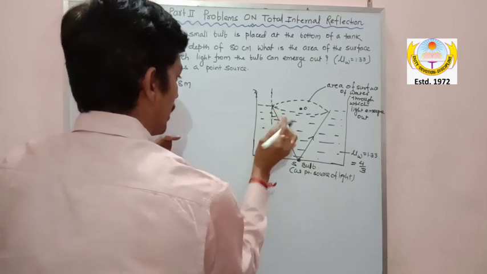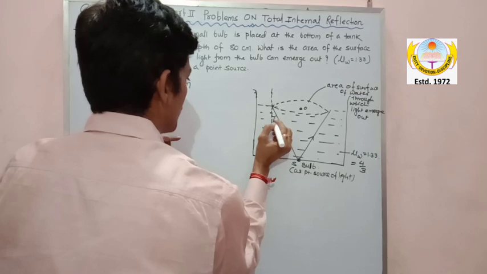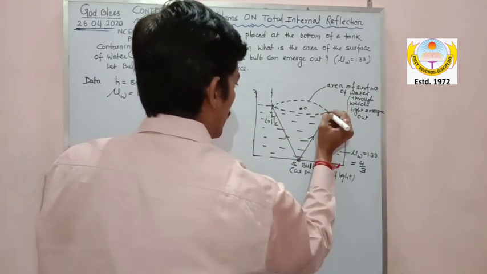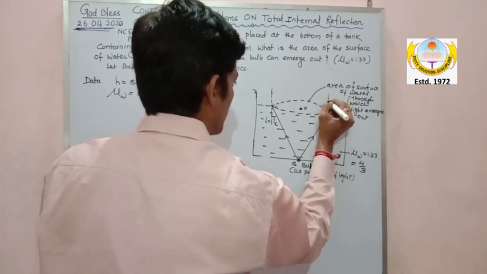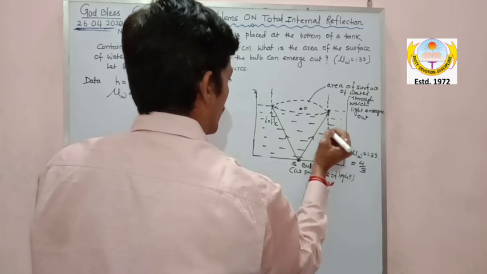So here is your IC. That is, I become IC. Similarly, here also I can draw the normal, my dear. The same story, I have done so many numericals on this.